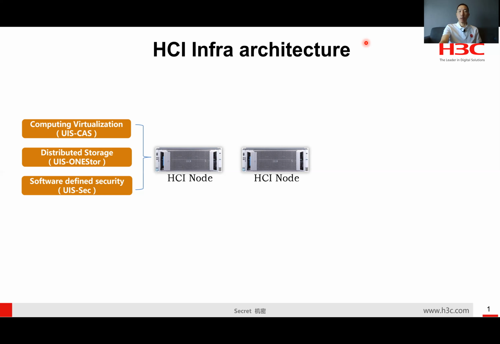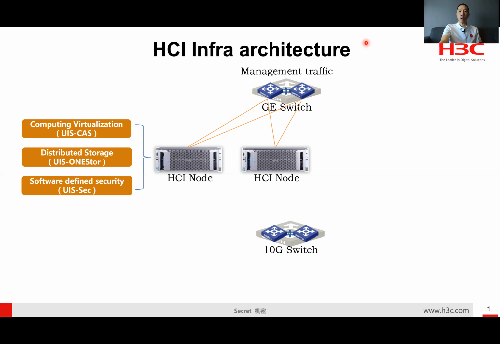How do we connect these two nodes? Normally we build a switch cluster to connect the HCI nodes. You see on the top we have the gigabit Ethernet switch, and at the bottom below we have the 10 gigabit switch. What is the functionality of these switches? The top gigabit Ethernet switch is the management switch, which carries all the management traffic.